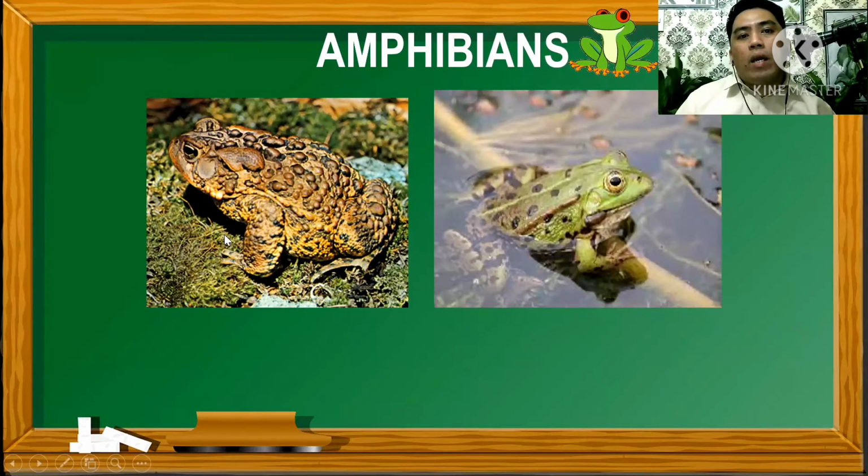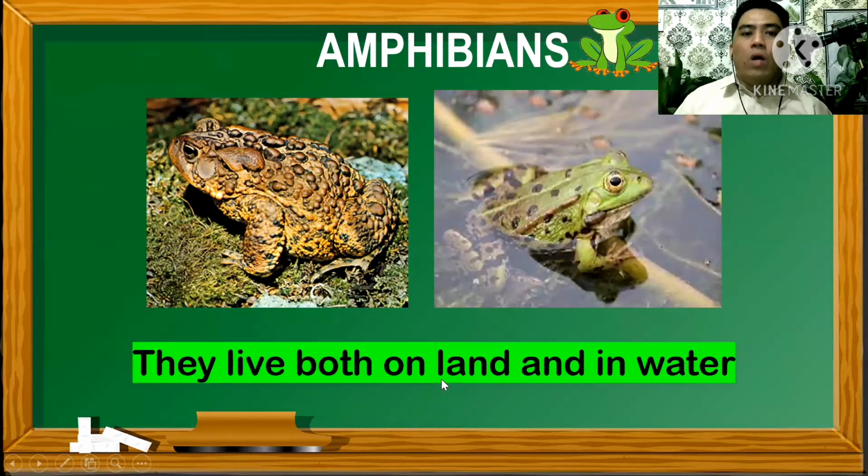And yung balat nila, makikita natin na magkaiba. Okay? So, based on this picture, where do amphibians live? Okay, so they live both on land and in water. So like the reptiles, amphibians can survive on land and can survive in water. Okay.